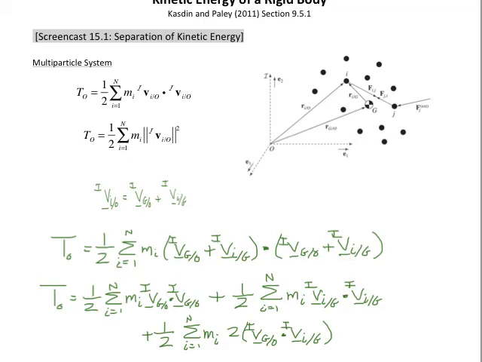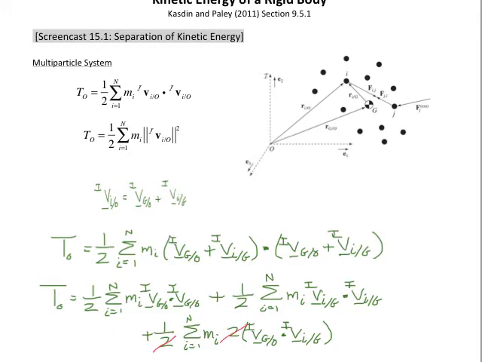And then when we calculate this through, we end up with three terms: 1/2 the total mass multiplied by the velocity of G with respect to O dotted with the velocity of G with respect to O, then 1/2 the mass multiplied times the dot product of the velocity of I with respect to G with itself, and then the term where we have our velocity of G with respect to O dotted with the velocity of I with respect to G. There's two of those terms, and so quickly we see that our 2's cancel out.